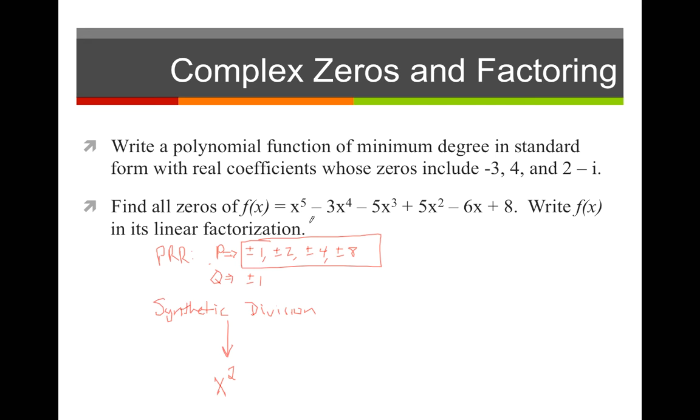So you have to get 3 different real or rational zeros here. Once you get to a quadratic, you can either factor or use the quadratic formula. So kind of sink that into your thoughts just a little bit.